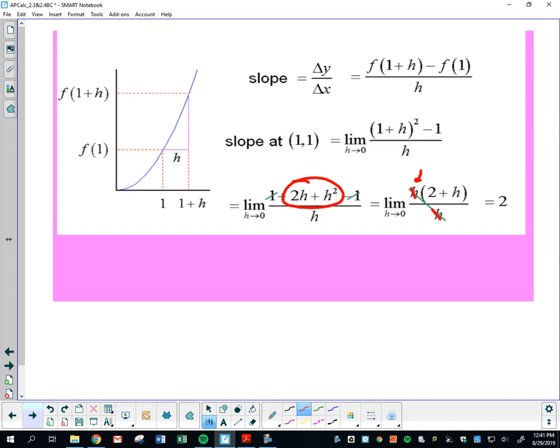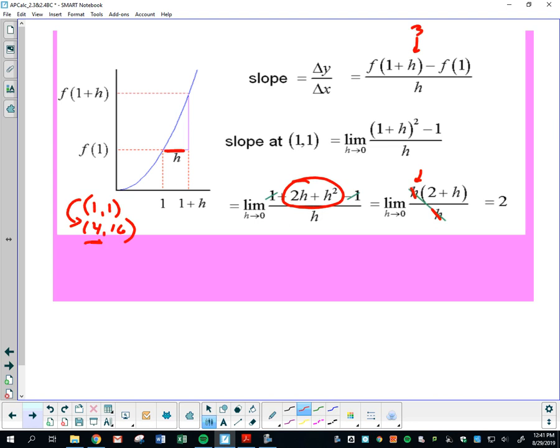Now let me talk to you about what h is. H is a moment a little bit after 1. So you just don't know what this distance is right here. We're going to call it h. In the beginning, when we did this, we did the slope from (1, 1) to (4, 16). My h was 3 because it was 3 more after 1. 3 more after 1 is 1 plus 3, which would be 4.